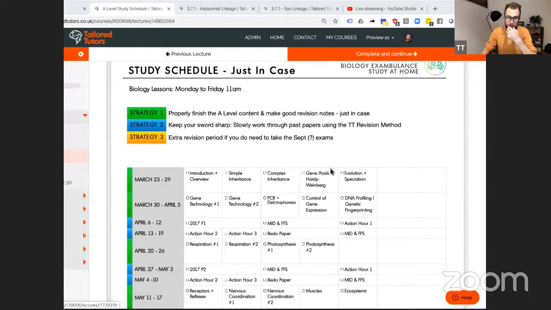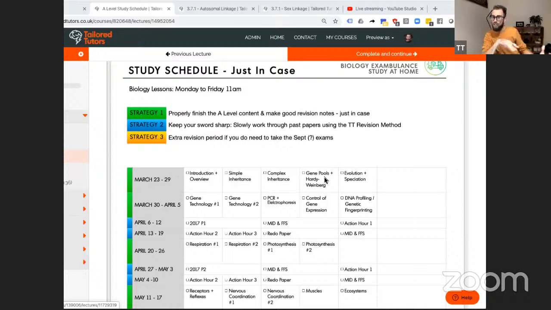What is going on tomorrow? Let's have a quick look in the course. Gene pools and Hardy-Weinberg. And then in the AS schedule, I'm doing some speciation, classification, phylogeny stuff. So I'm trying to link them together. Maybe I'm trying to be a bit cute with that.